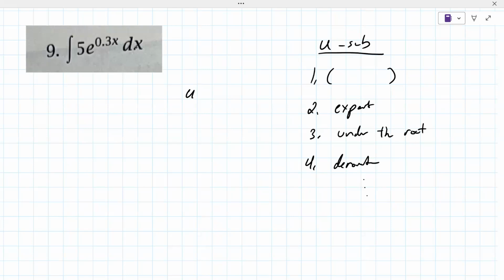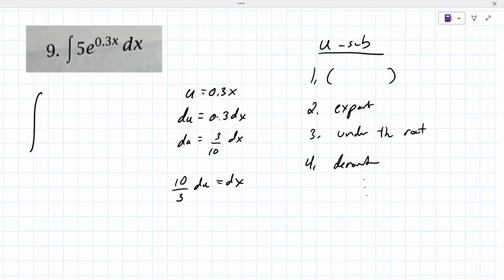So here the u is 0.3x. Can you tell me what du is in this case? Du is 0.3 dx. And then you have to solve for dx. So you might write it as a fraction. You might not.